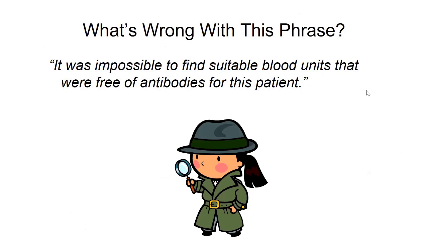What's wrong with this phrase that came from a dictation? Quote, "It was impossible to find suitable blood units that were free of antibodies for this patient." This is a bit of an absurd statement. Yes, it's speaking to the challenge of serving a patient adequately, but the better way of saying this would be to say that it was impossible to find suitable blood units that were antigen negative with respect to the antibody repertoire of this patient.